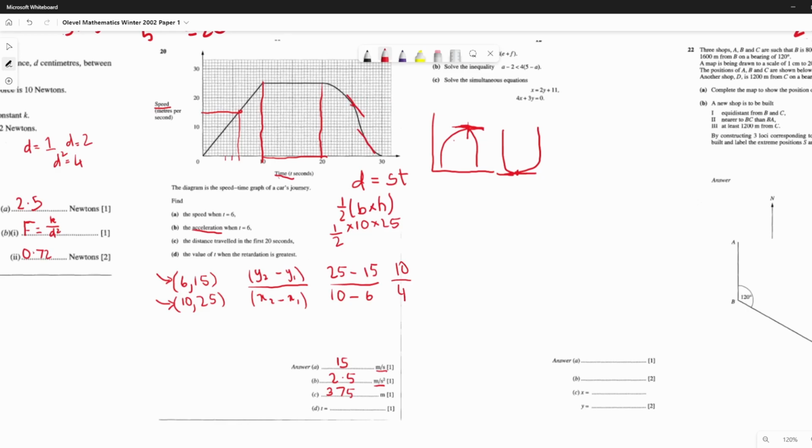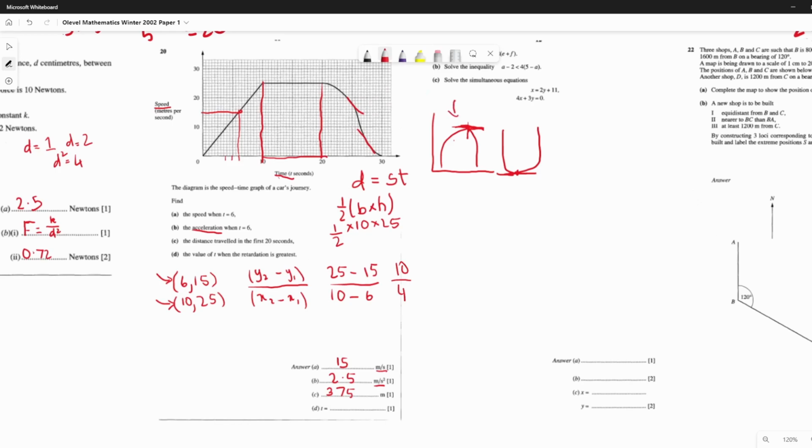So this point is going to be where the deceleration is the greatest, because after that point the deceleration starts decreasing again, the slope starts decreasing again. So the slope increases, hits a maximum, the slope decreases, hits a minimum, and then the slope starts increasing again, right?